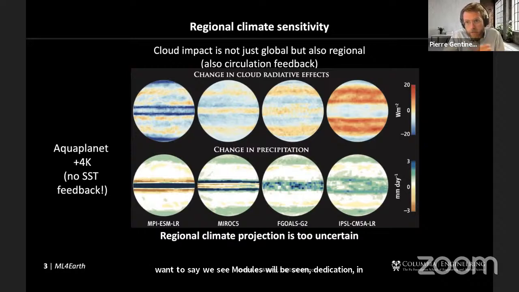Those are things that are crucial for people to adapt to climate change, so we need to give a much more accurate type of response. And as you can see here, in that case we are purely forcing the atmosphere, so a lot of that variability that you saw in the first slide and the second one is actually just due to some very small scale processes in the atmosphere.